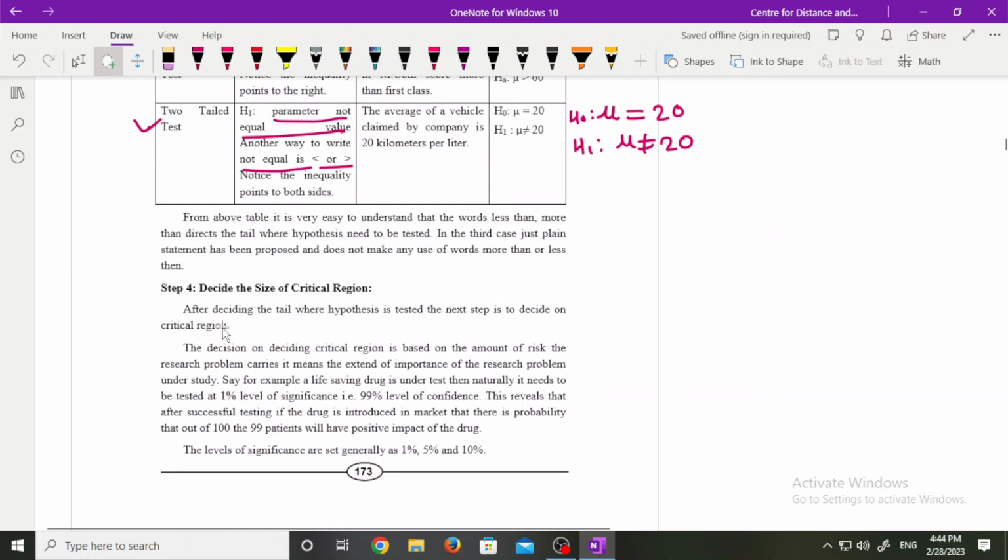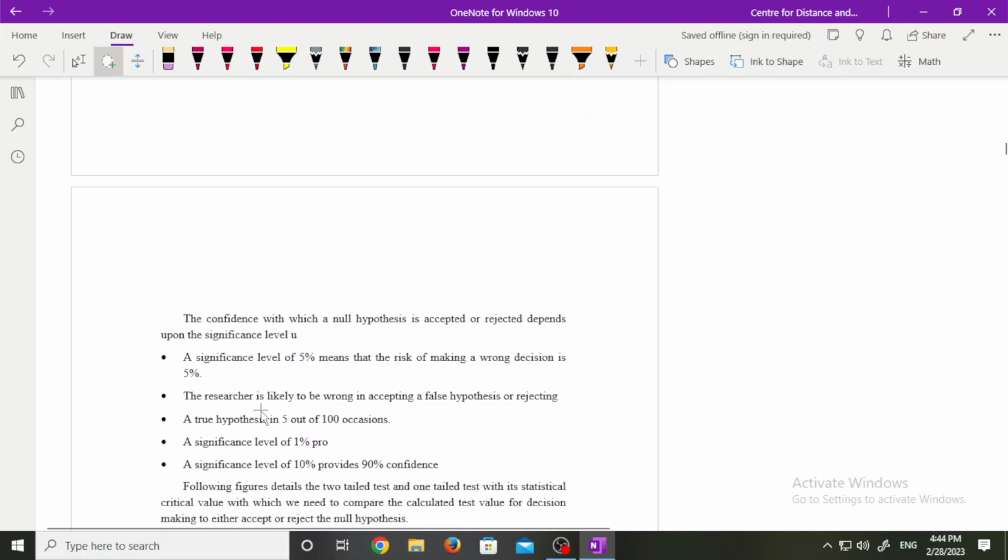Then we have to decide the size of the critical region, that is the level of significance, which is either 1%, 5% or 10%. The confidence with which a null hypothesis is accepted or rejected depends upon the significance level.